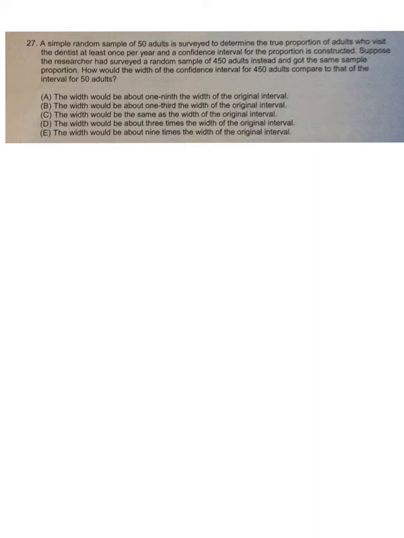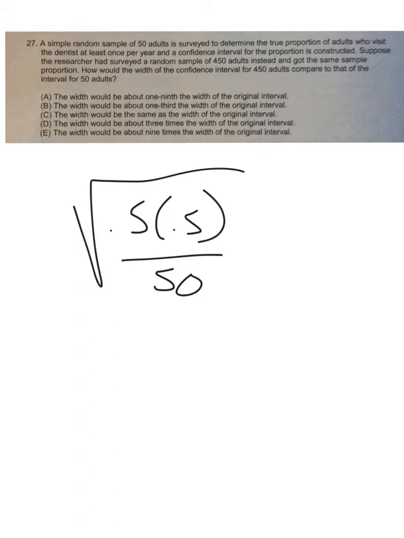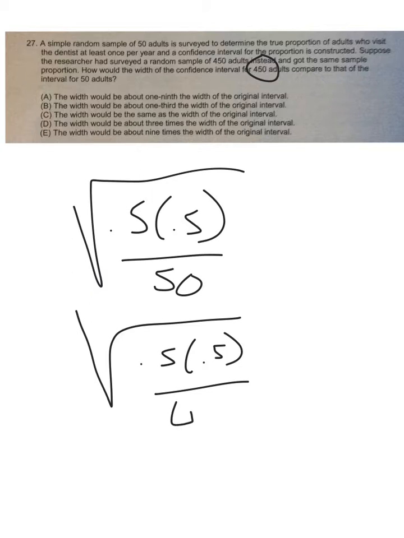So think about it this way. Let's just say your confidence interval, you get a proportion of, say, 50%. So 0.5 times 0.5 divided by 50, because that was your sample size, take the square root. Then you do it again, and you have a larger sample size. So 0.5, they said it was the same proportion, divided by 450.